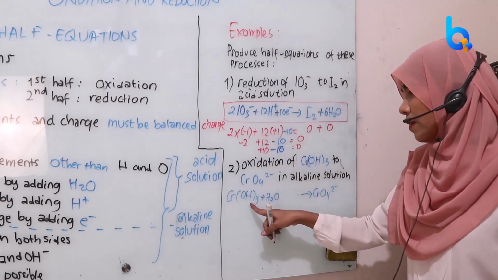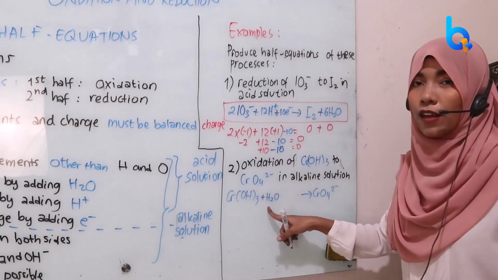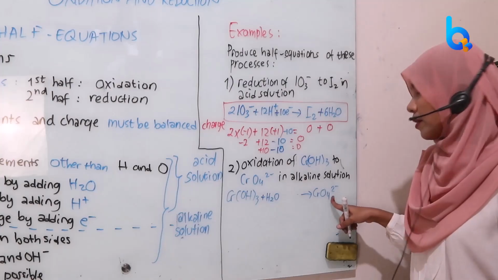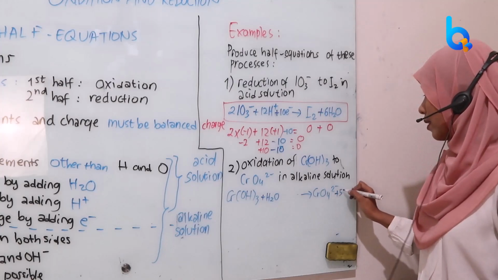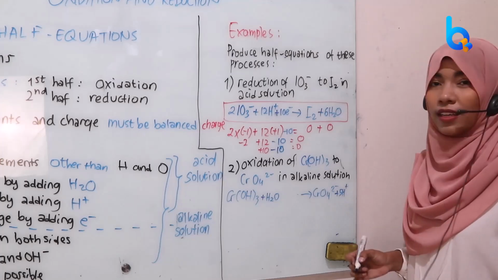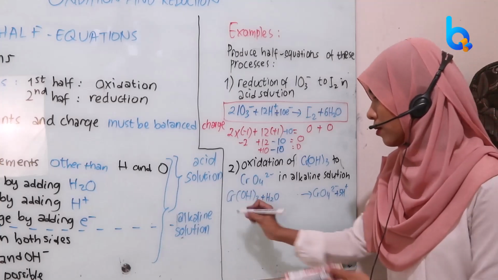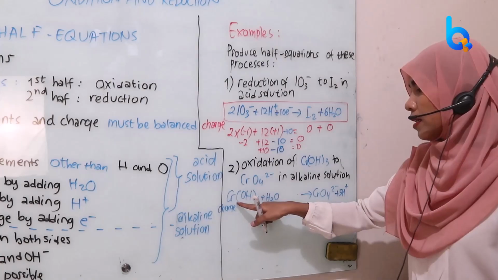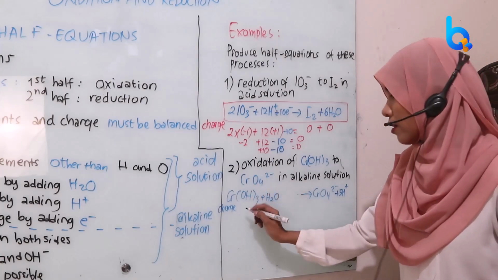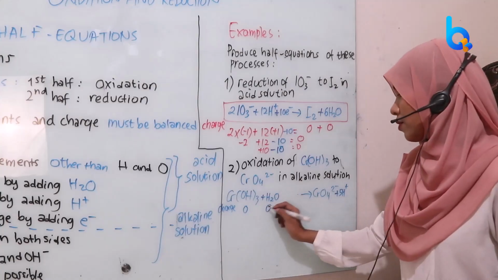We have 3 hydrogen plus 2 hydrogen, the total will be 5 hydrogen, and here we don't have any hydrogen, so we have to add 5 hydrogen on the right side. Now balance the charge. Cr(OH)3 is a neutral compound, so the charge will be 0. H2O is also a neutral compound, 0.